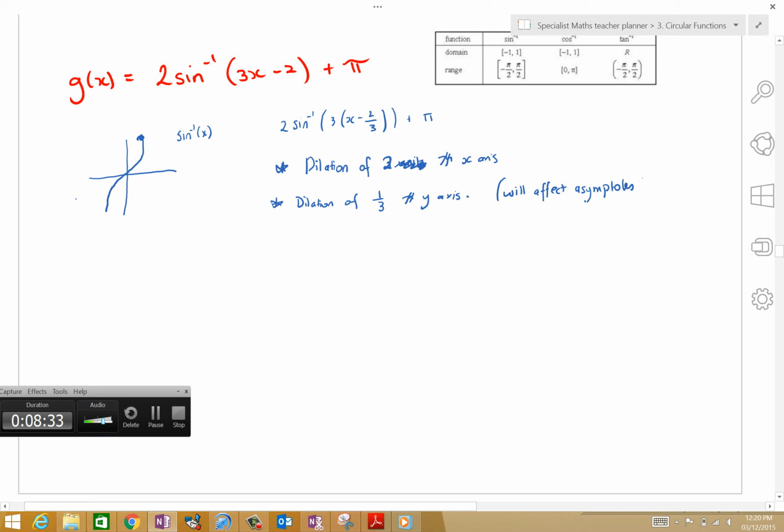The formula sheet would tell me that inverse sine has a range of minus pi on 2 to pi on 2. So importantly, let's get the endpoints there. Minus pi on 2, and it has a domain of negative 1 to 1, like so.